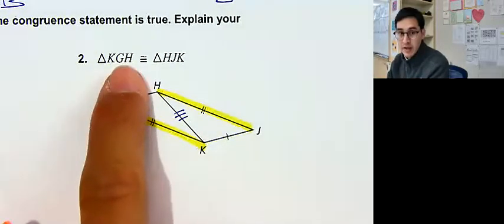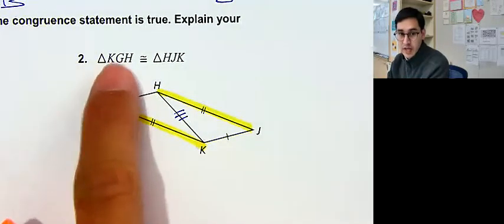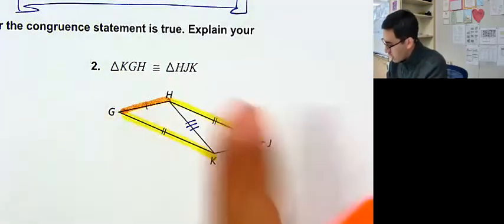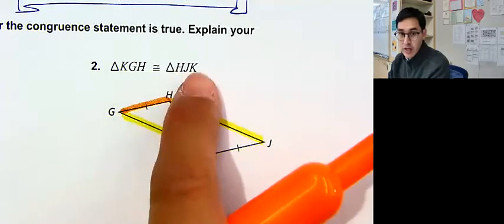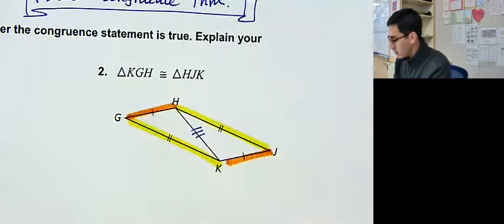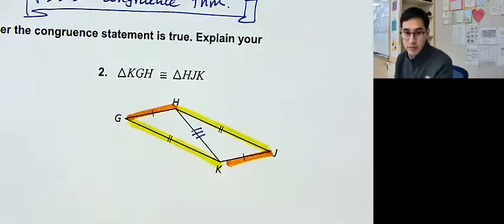Right. And then going back here, then the next, so we did KG, then it's GH. So GH will do orange. And then here it would go JK next. JK would be in orange. So yes, those two sides are a matching pair. And then the third side, of course, would be the last pair.